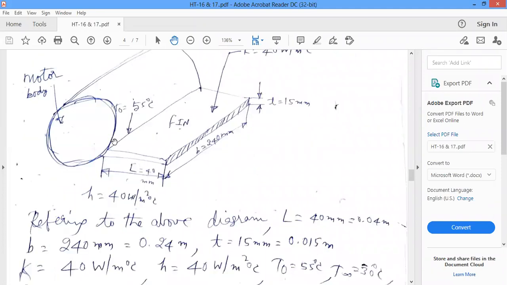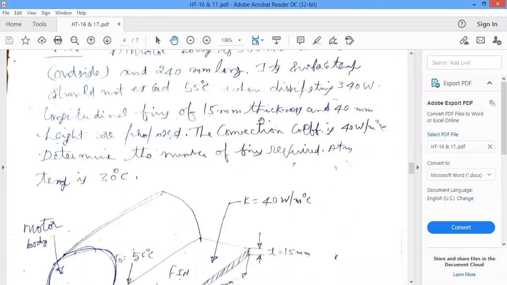This much height is provided on this motor body. This is one pin, second pin, third pin, fourth pin, fifth, sixth, seventh, eighth pin, like that. What is the number of pins required to dissipate a heat of 340 watts? How do you calculate the number of pins?